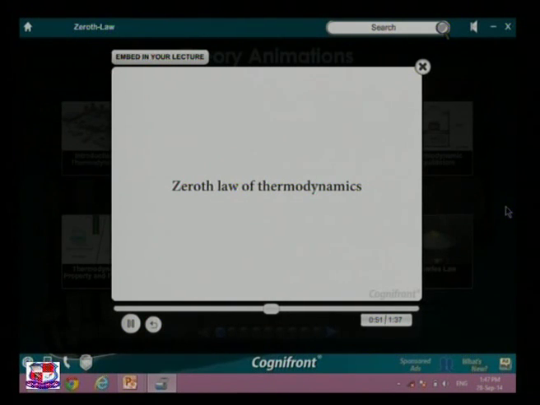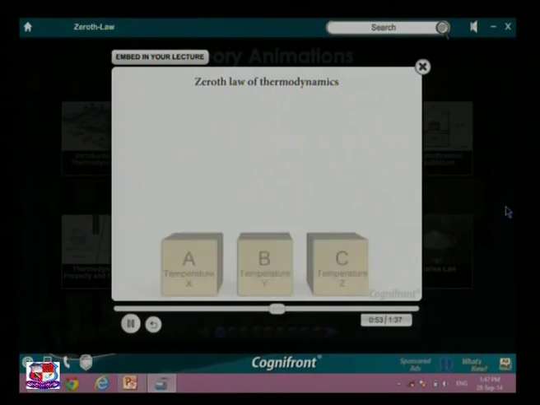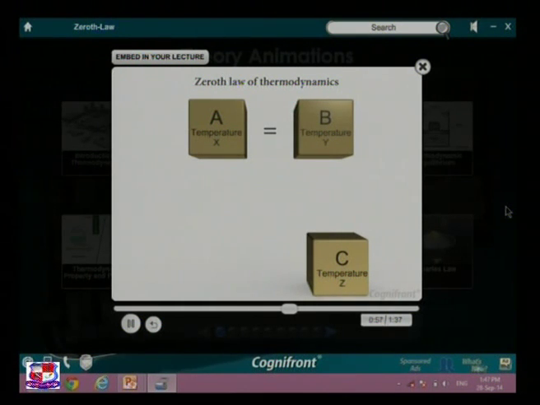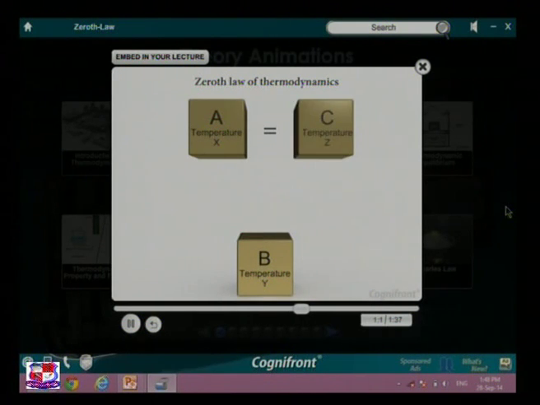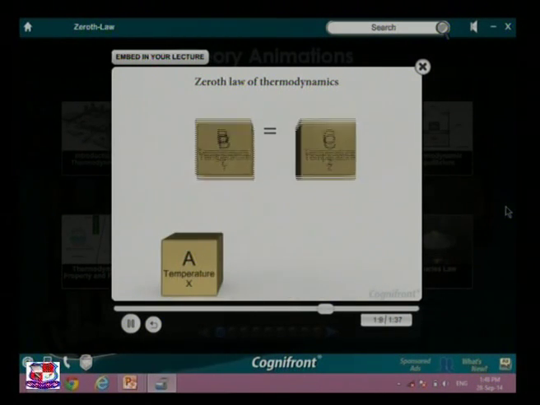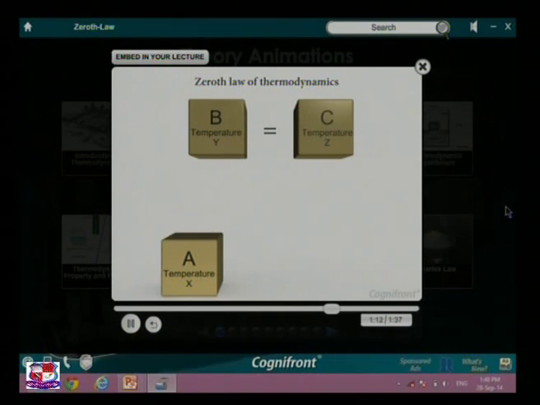Zeroth law of thermodynamics. When a body A is in thermal equilibrium with body B, also body A is in thermal equilibrium with body C separately, then we can say that B and C are also in thermal equilibrium with each other.